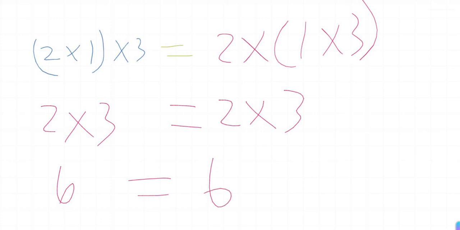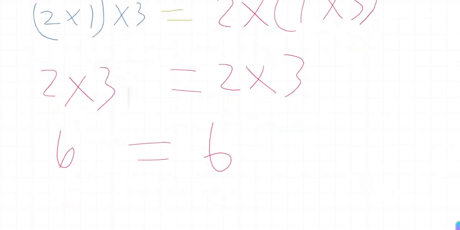So when you add and multiply numbers, having 3 numbers, grouping 2 and leaving 1 outside, or grouping the first 2 and leaving the last one outside, or leaving the first 1 outside and grouping the last 2 at the back, it doesn't matter what you do in addition and multiplication, you will get the same answer. So that is the associative property.